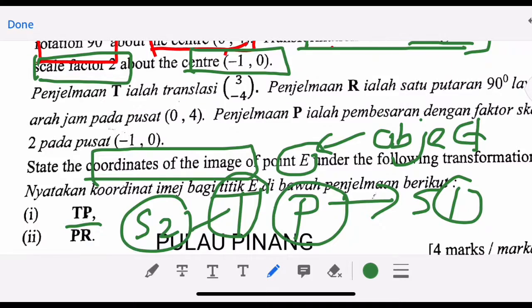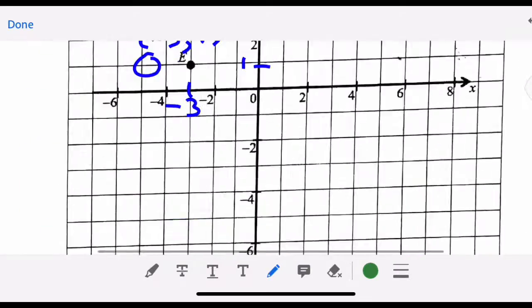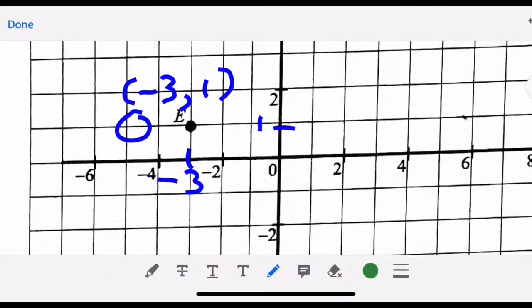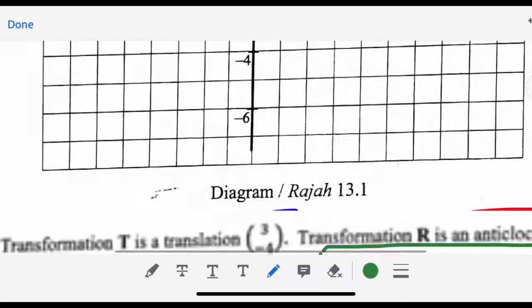Alright, so now we go to point E. We are going to do enlargement, scale factor 2, center negative 1, 0. We are going to enlarge this point.